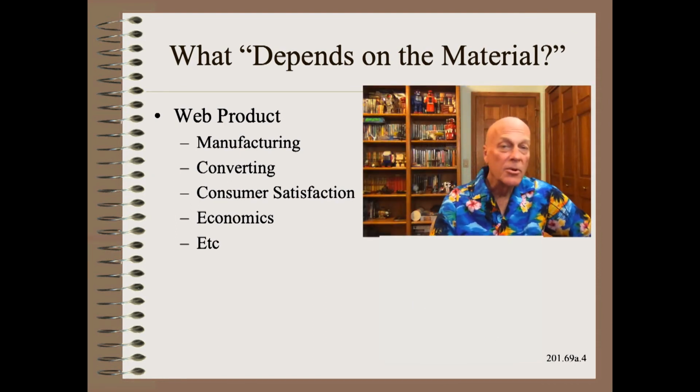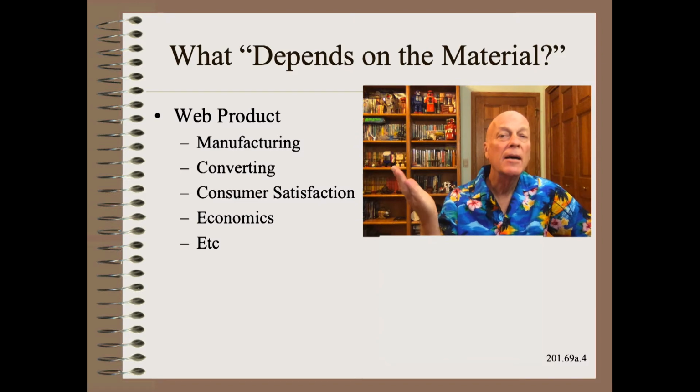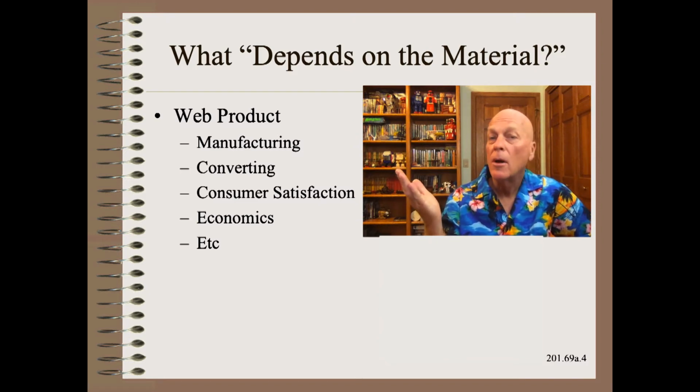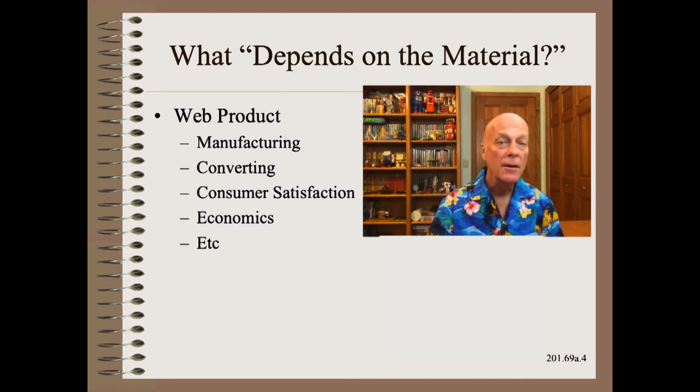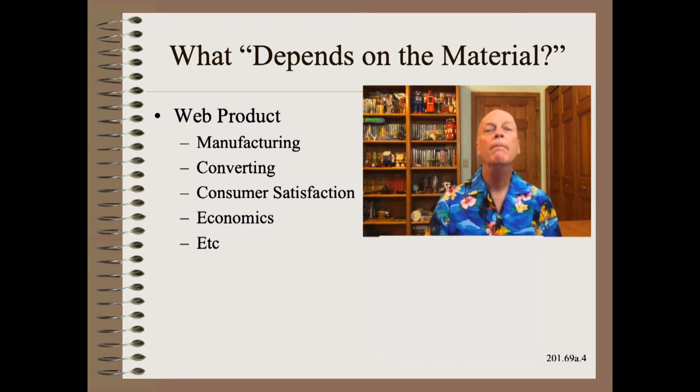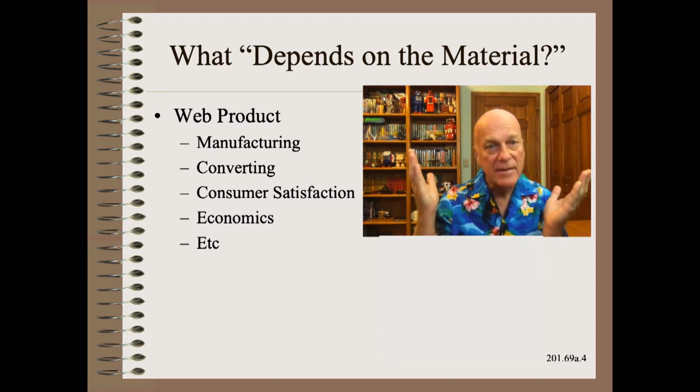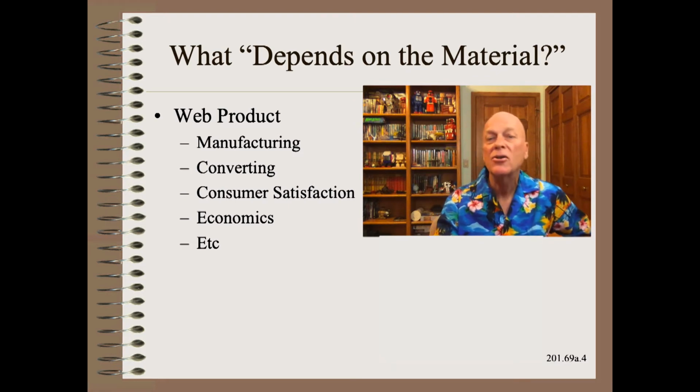I have done troubleshooting in about 1,000 plants around the world. One of the most common observations offered by people I work with is, it depends on the material. So what exactly depends on the material? Many things about the web product depend on the material, such as how it is manufactured.